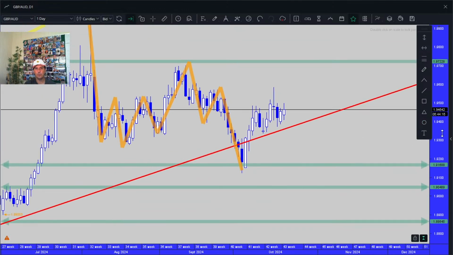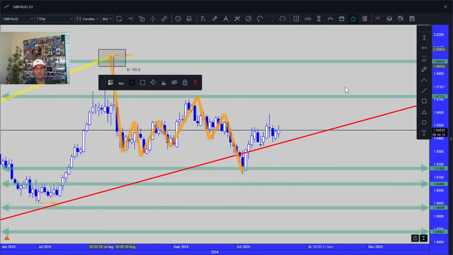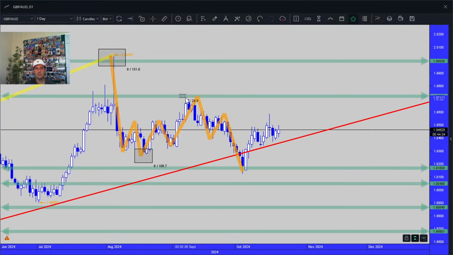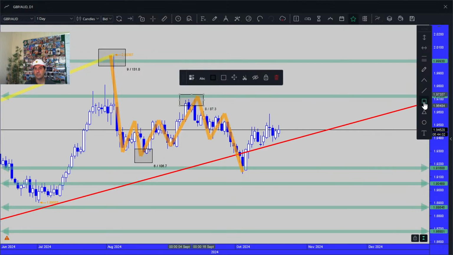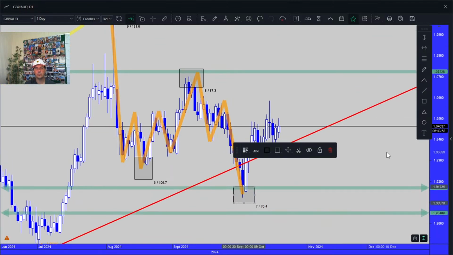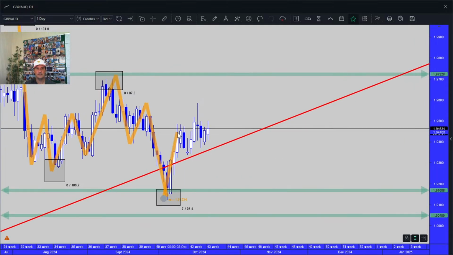Alexander, do you want to buy relevant highs and lows? That being the relevant high, that being the relevant low, that being the relevant high on the orange, that being the relevant low on the orange, or do you want me to buy the short term high to low to high to low?